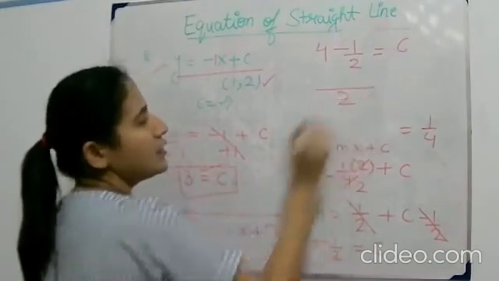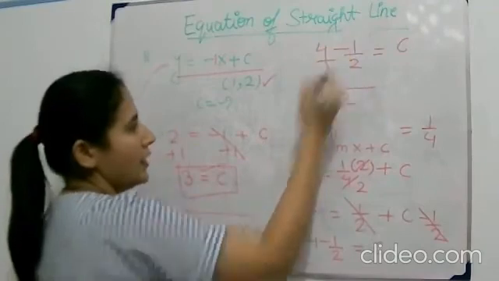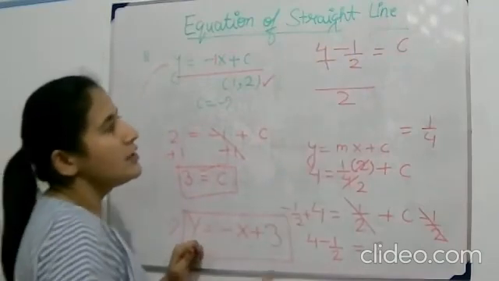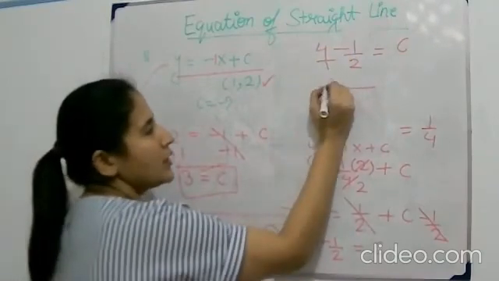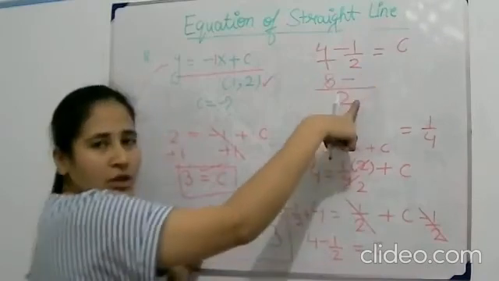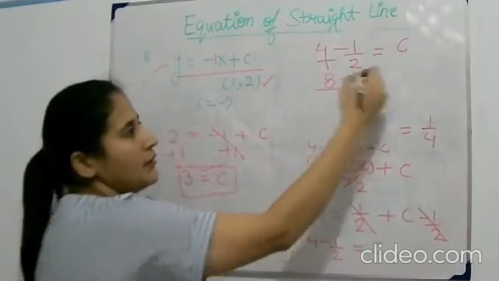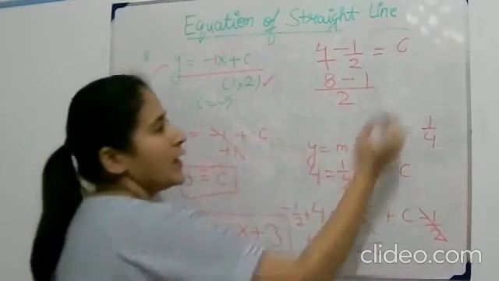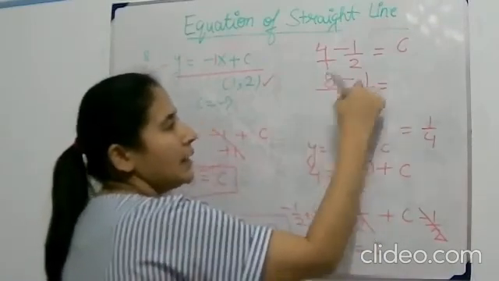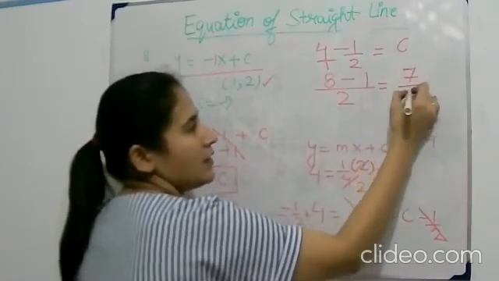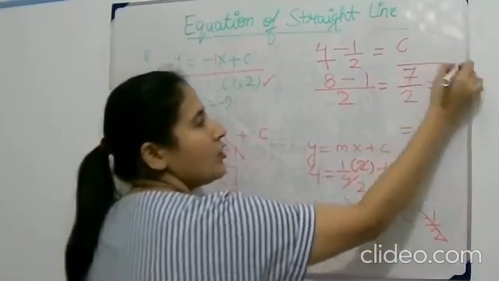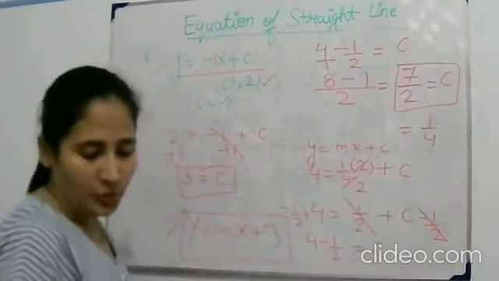So here the LCM is 2. 2 divided by 1 is 2. Then 2 multiplied by 4 is 8, minus 2 divided by 2 is 1, 1 multiplied, so it will be 8 minus 1 is 7. 7 by 2. So what is the value of c? 7 by 2.